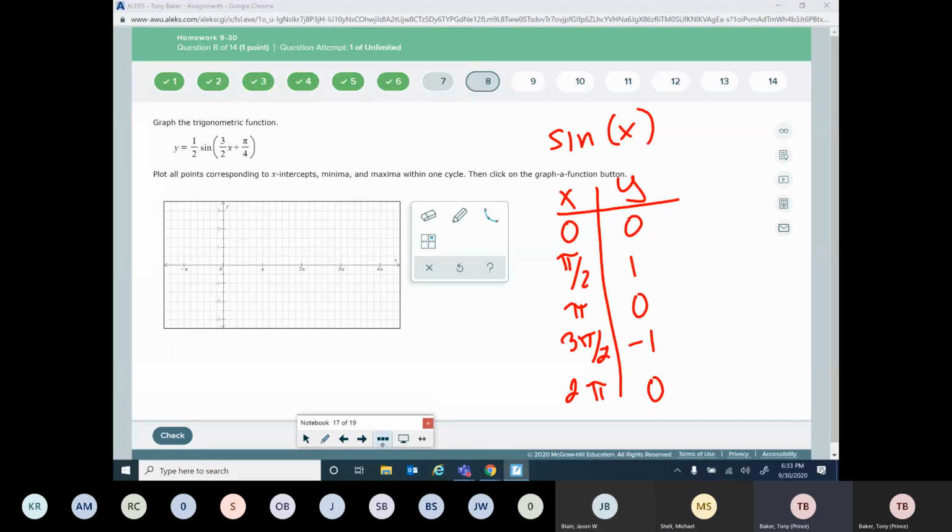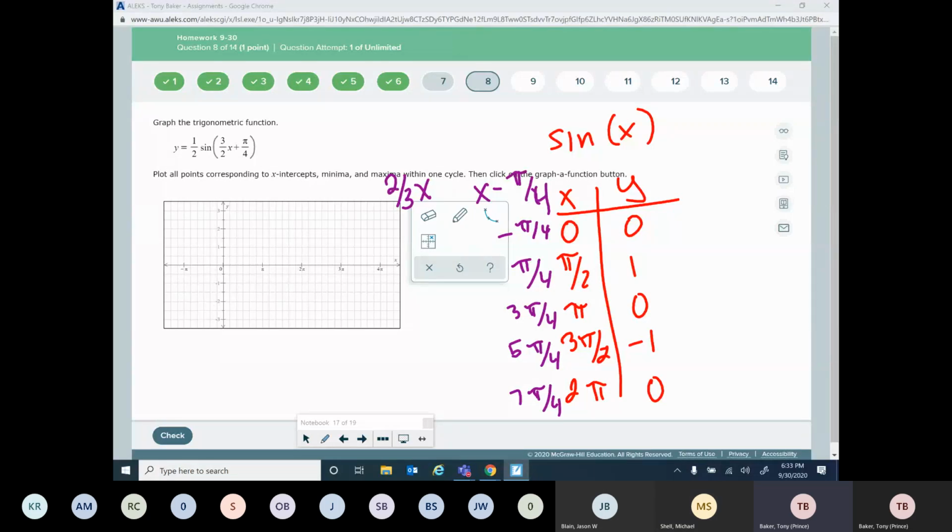So for this one, I'm going to do x minus pi/4. And then I'm going to do 2/3 of that, so 2/3 x. So this becomes negative pi/4, pi/4, 3 pi/4, 5 pi/4, and 7 pi/4.